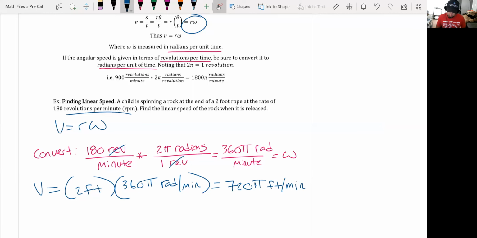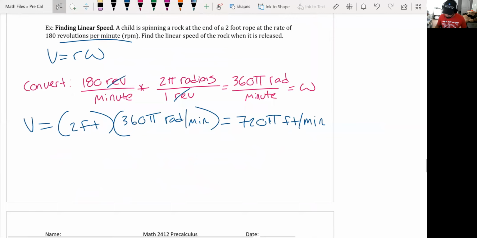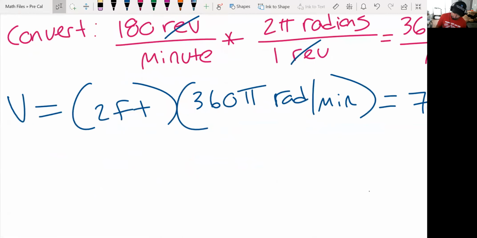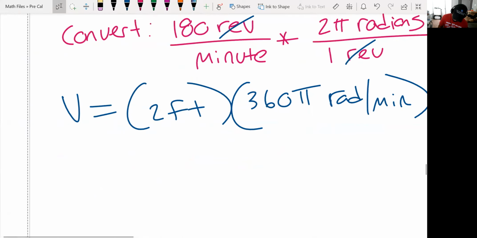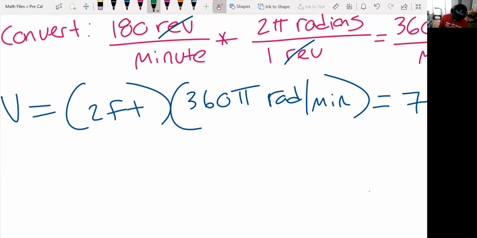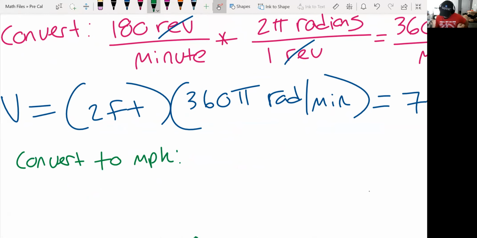Okay, so we'll call this convert to miles per hour. So we have 720 pi feet per minute.